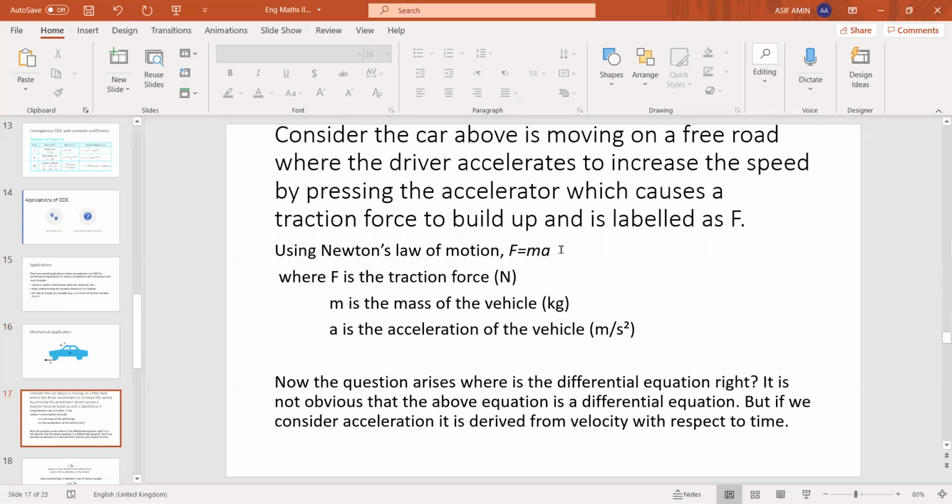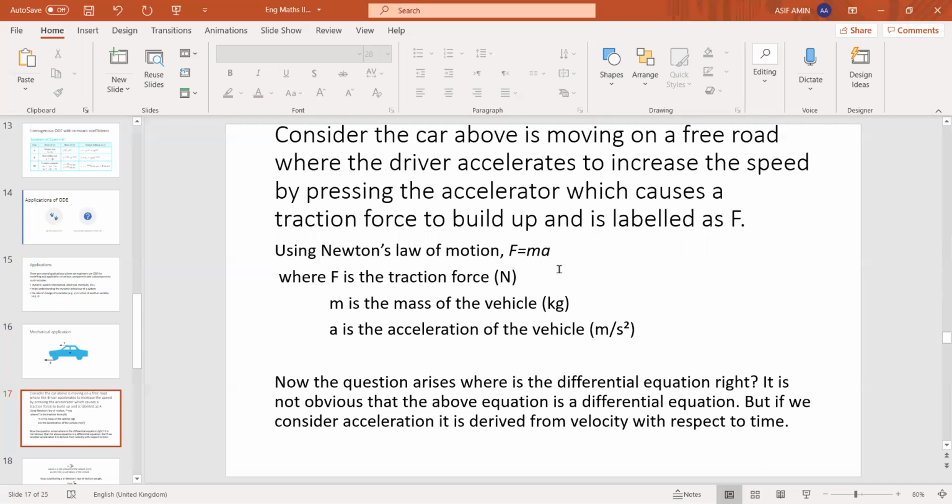From Newton's law of motion, F equals ma. We know that F is the traction force, m is the mass of the vehicle, and a is the acceleration of the vehicle. Now the question you might ask, miss, is where is the differential equation?